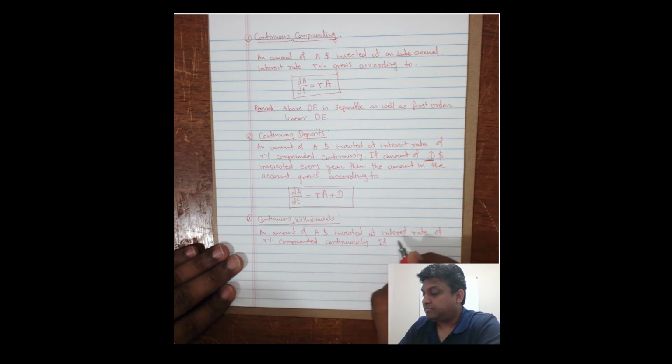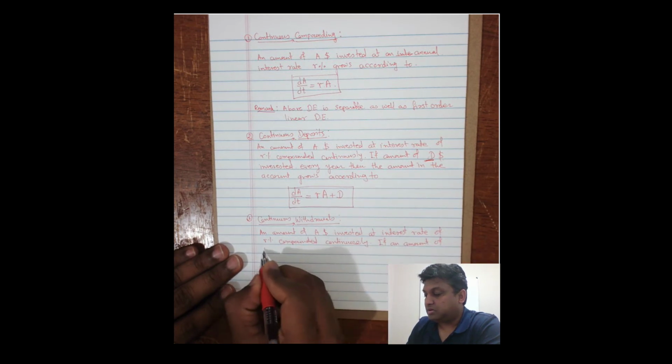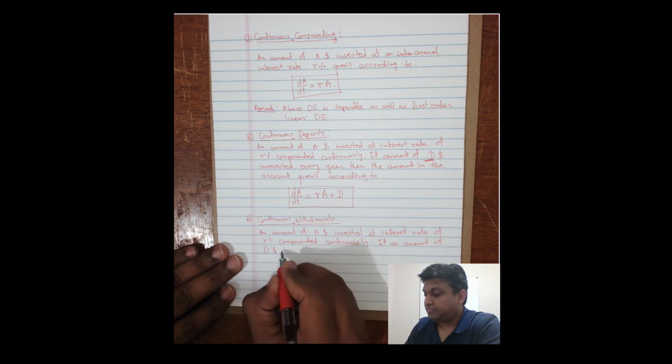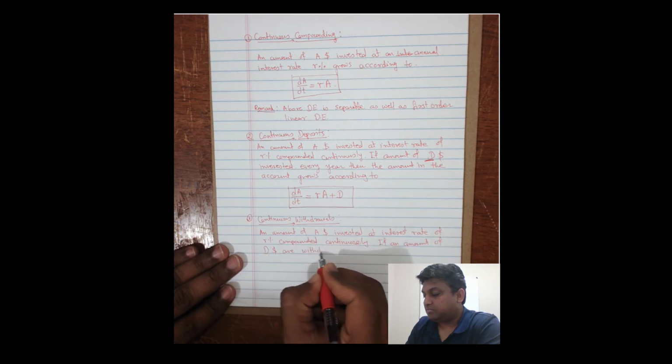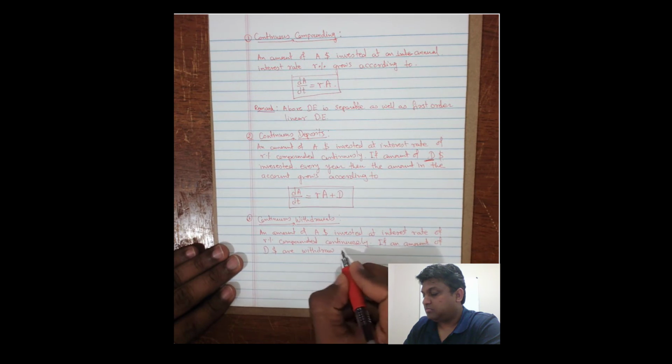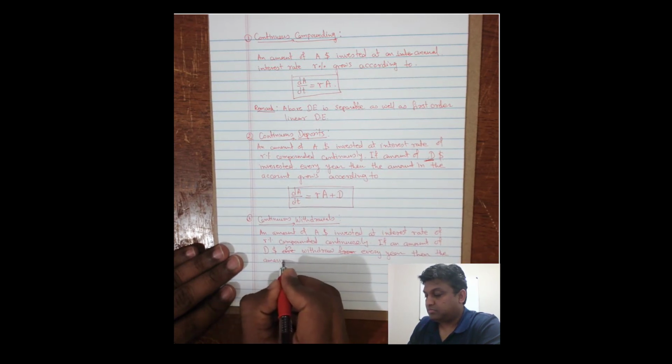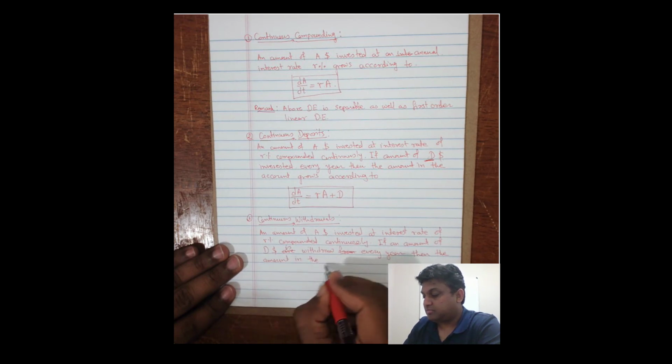If an amount of D dollars is withdrawn every year, then the amount in the account decays.